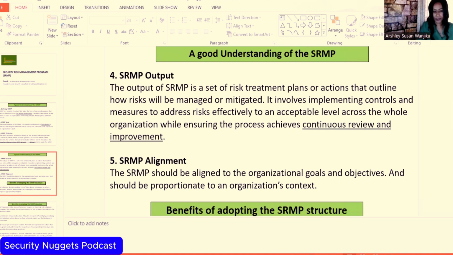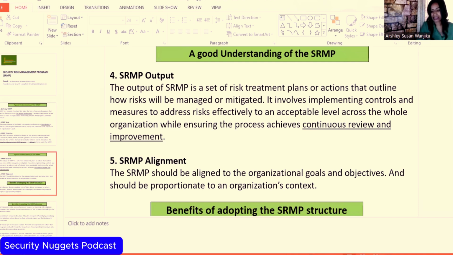The output of the SRMP is a set of risk treatment plans or actions that outline how risks will be managed or mitigated. It involves implementing controls and measures to address risks effectively to an acceptable level across the whole organization, while ensuring the process achieves continuous review and improvement.